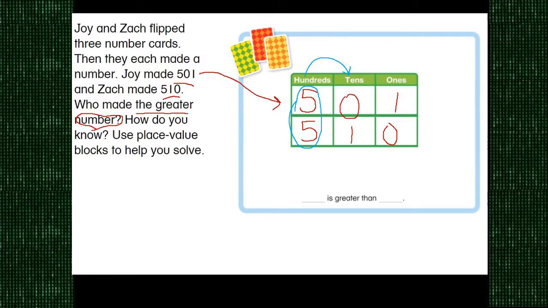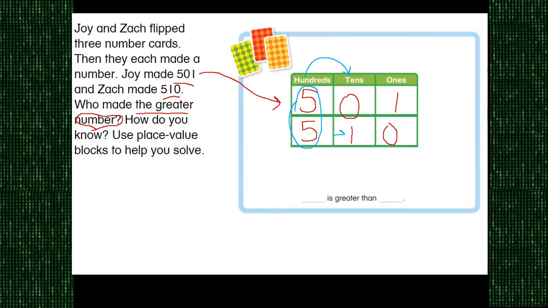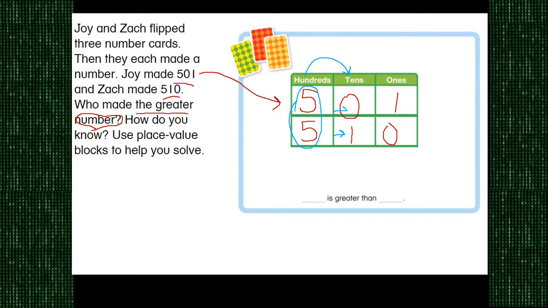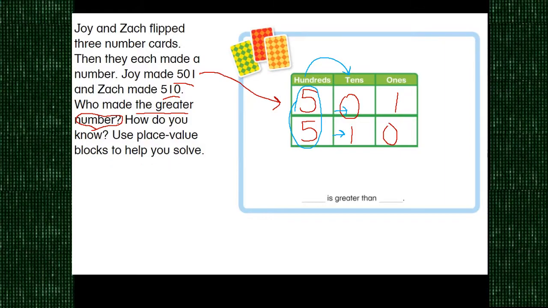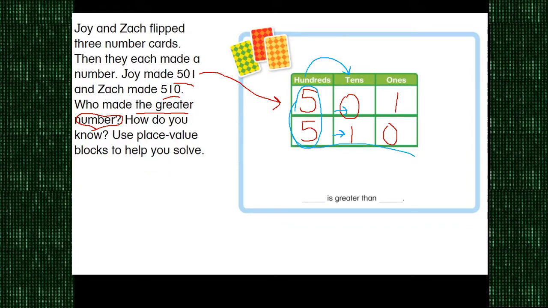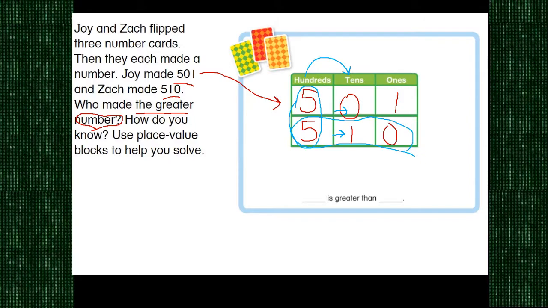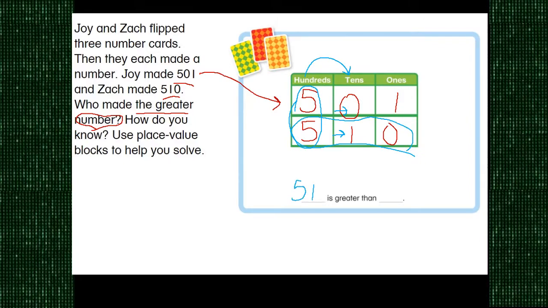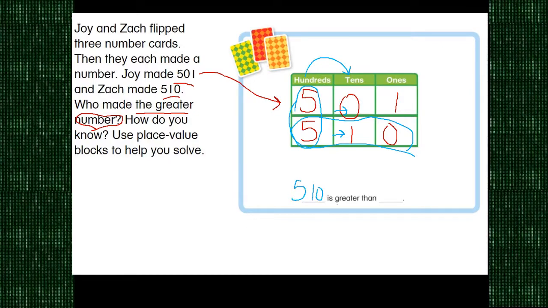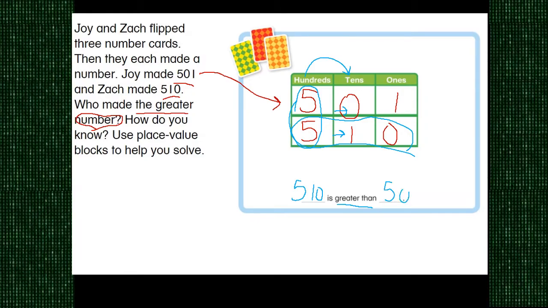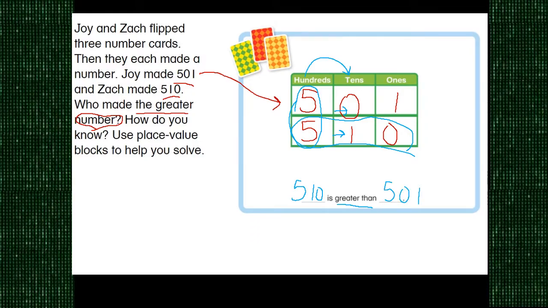We can see that there's 1 ten in Zach's number, and we have 0 tens here. So that makes Zach's the bigger number. Then we write 510 is greater than 501. And that's basically what we're going to be doing.